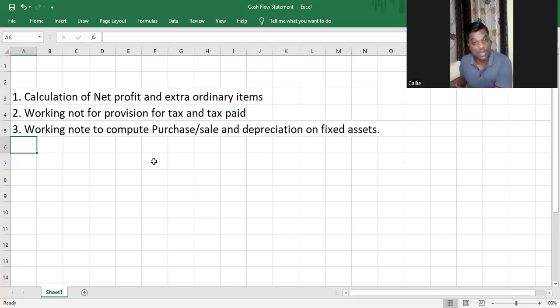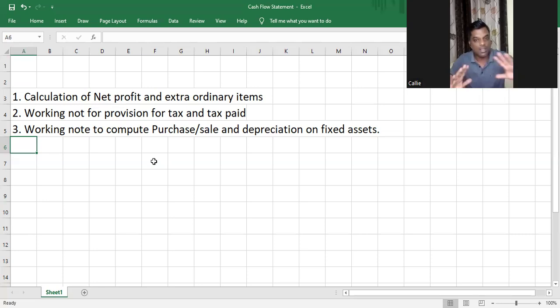So even before we start learning how to solve a 6 mark cash flow statement board examination question, it's important that we understand these working notes. You might wonder why I am not doing the questions directly, and what nonsense I'm talking about. Or if you're looking at this video for learning cash flow statement from scratch, it might look like French and German to you.